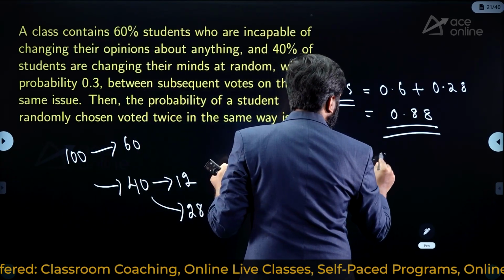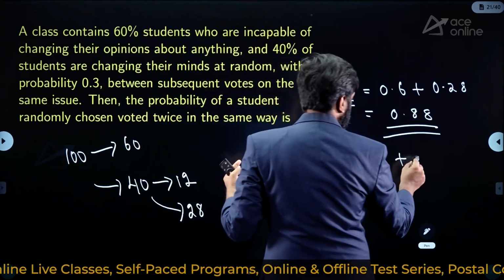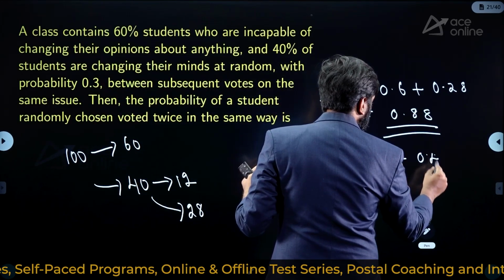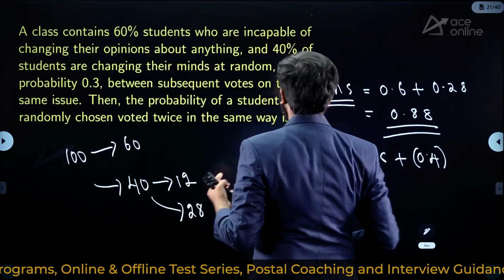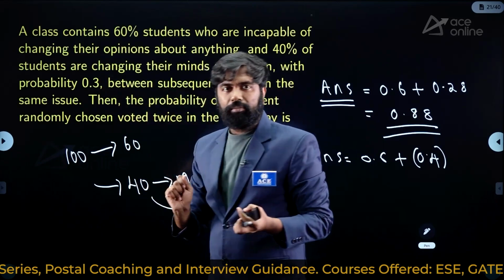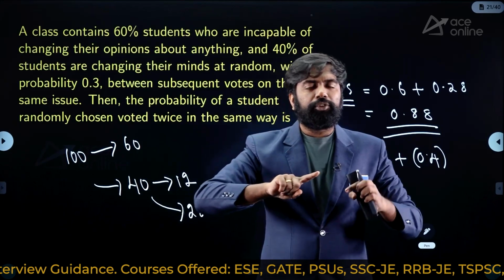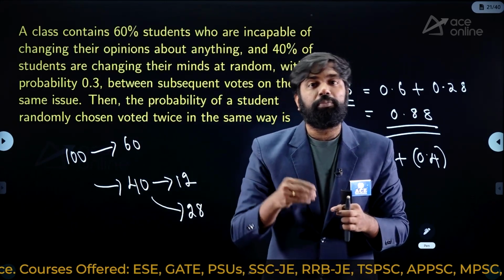So the probability of choosing them is 0.6 plus... what next? 40% are there, so 40% means 0.4. Now you have to be a little careful. In this, there are students who change their opinion with probability 0.3. If students change opinion with probability 0.3, then what's the probability of students not changing their opinion? It is 0.7.